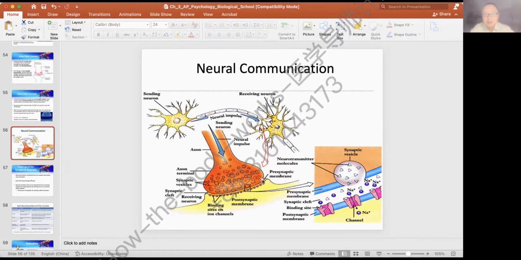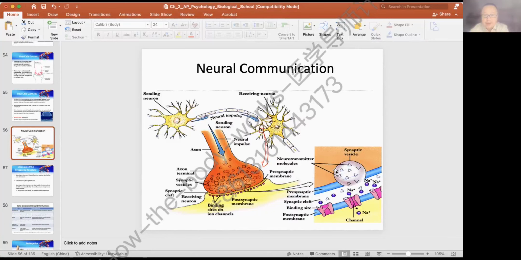If we enlarge this small part, you can see on the presynaptic membrane there is a synaptic vesicle, and inside the vesicle there are neurotransmitter molecules.